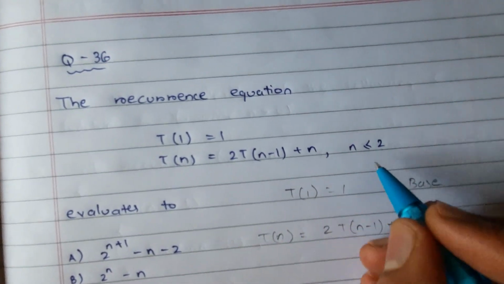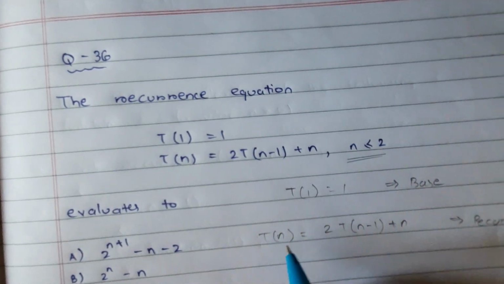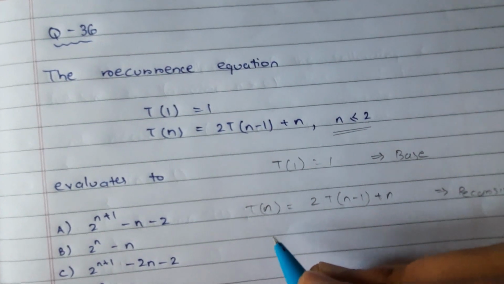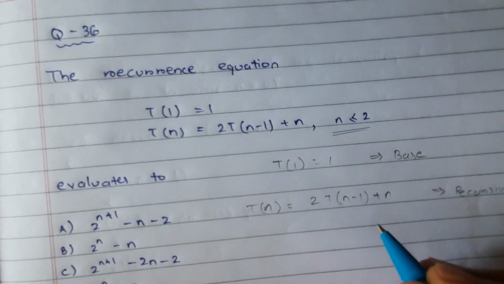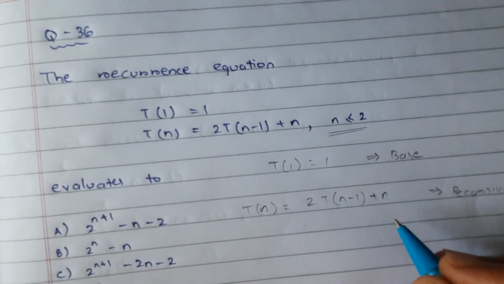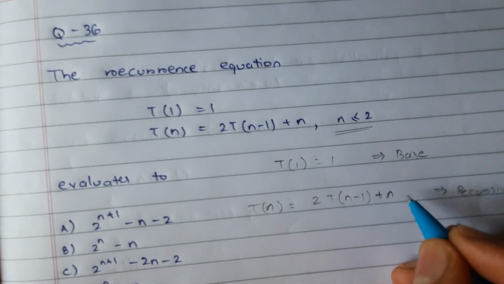Now here one condition is given, n is less than or equal to 2. How to solve this kind of question? Firstly we will solve the base case, then substitute the base case solution into the recursive case to obtain a simplified recursive equation.